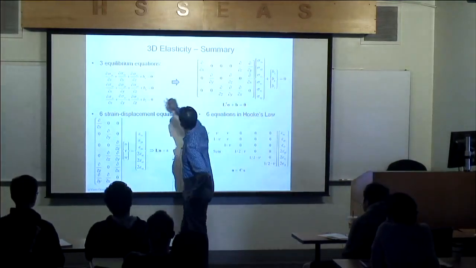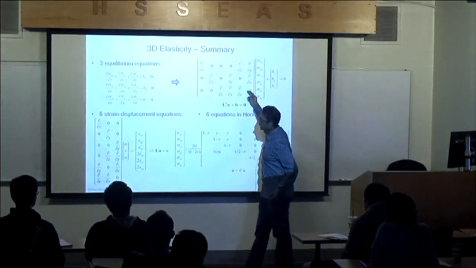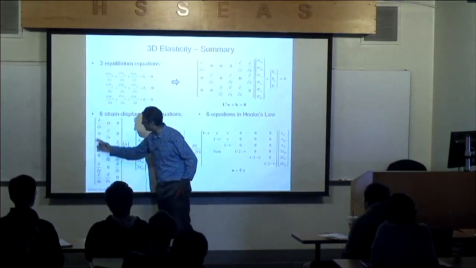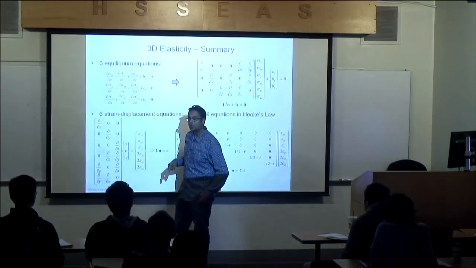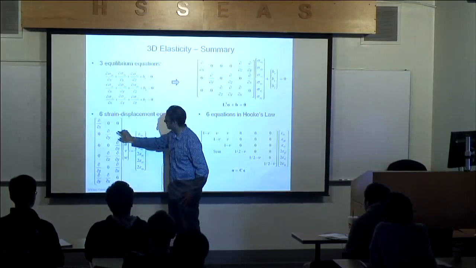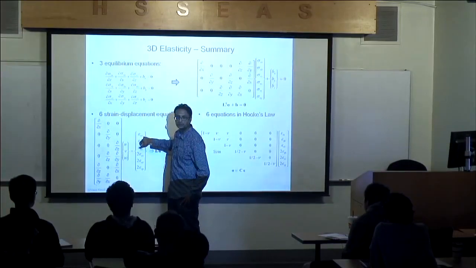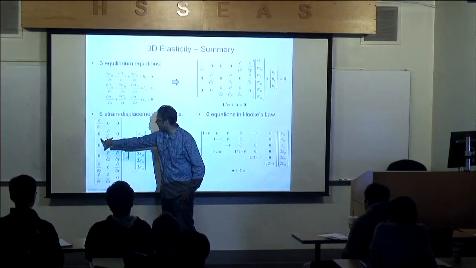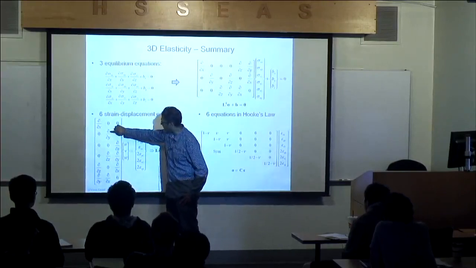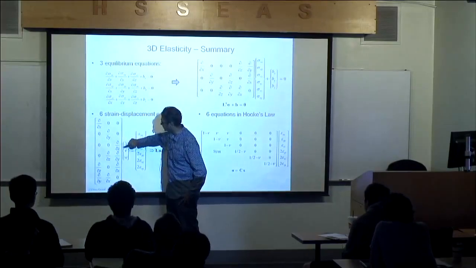So if I took this L transpose and transposed it, I will get L, which is a 6 by 3 matrix. And what you see here is if I multiply this row by that column, I get the derivative of u with respect to x equals epsilon xx, which is correct. When I take the second row and multiply it by this column, I get the derivative of v with respect to y.